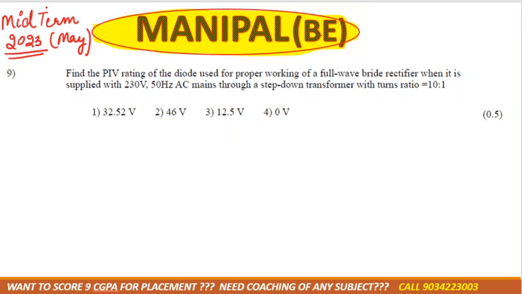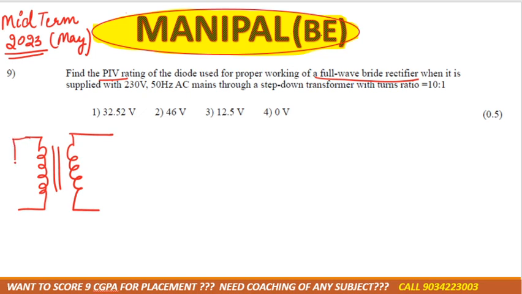See, this is a question from midterm 2023. They ask you the PIV rating of the diode for a full wave bridge rectifier. Whatever they ask, if you know the diagram, it's better to draw it. It would create a good impression in the teacher's mind. You can draw it roughly, no need to draw it properly.